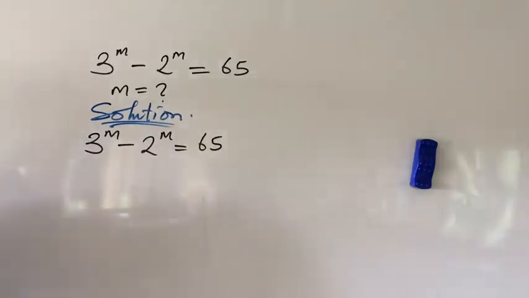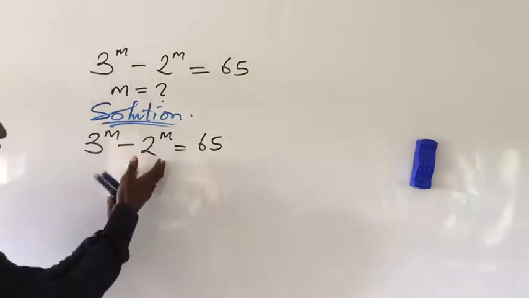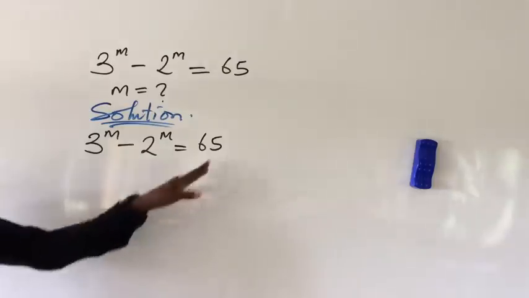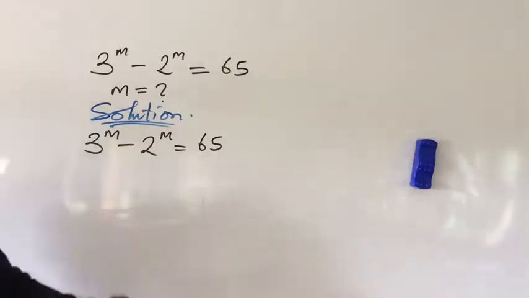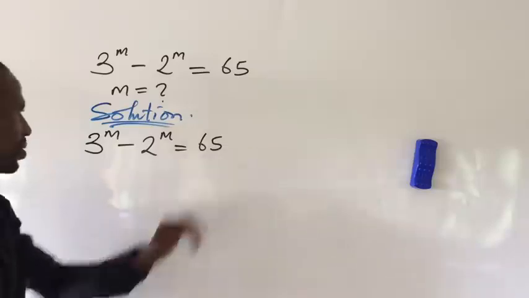If I decide to square this exponent, or if I decide to square everything here, it means I must also square this. So I want to introduce the square without introducing square to this other side.